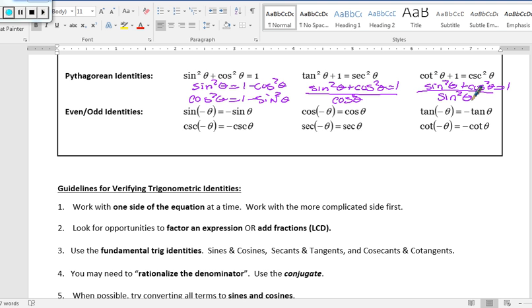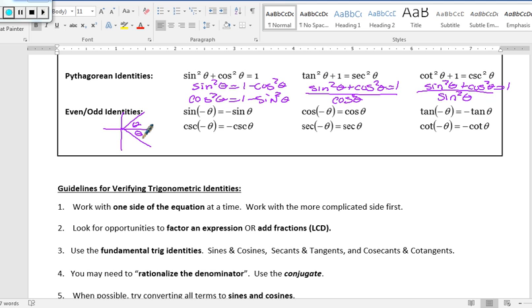Our even odd identities, I want you to think about as you're moving from quadrant number 1, if theta's here, to quadrant number 4, having the same reference angle of theta. If the sign changes from quadrant 1 to 4, then the negative gets pulled to the outside.